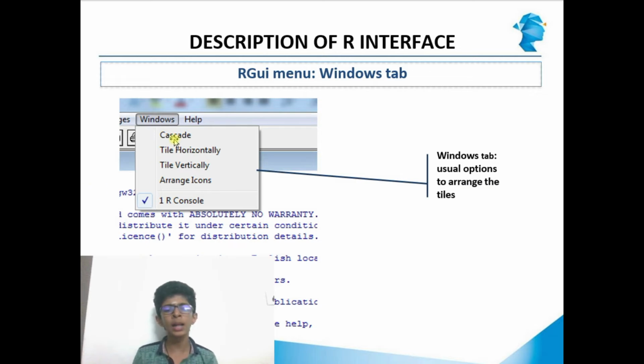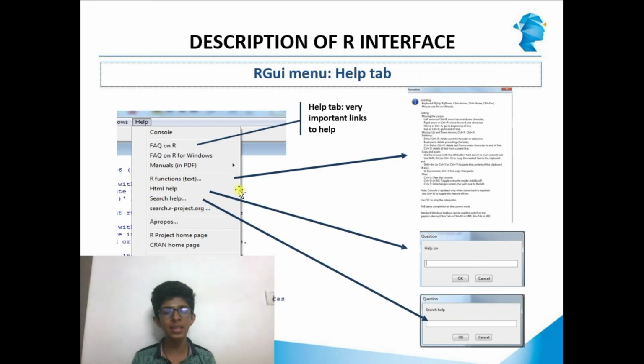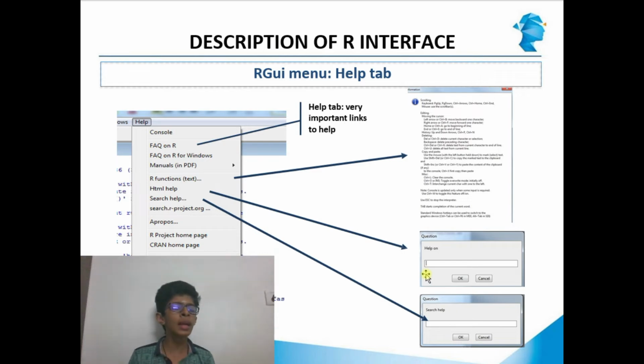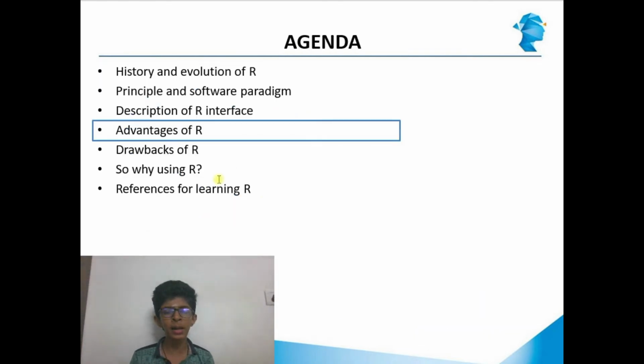This is Windows: Cascade, Tile Horizontally, Tile Vertically, Arrange Icons, R Console. This is our basics. Help: if you have any doubt you can just ask, and they will help on your question. You can just ask and search help. If you ask, they will provide you the answer.